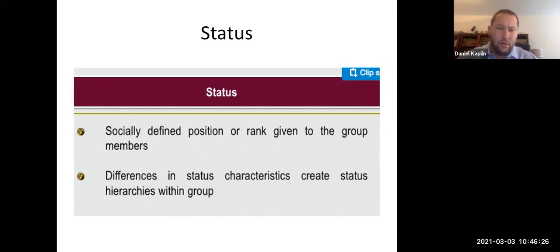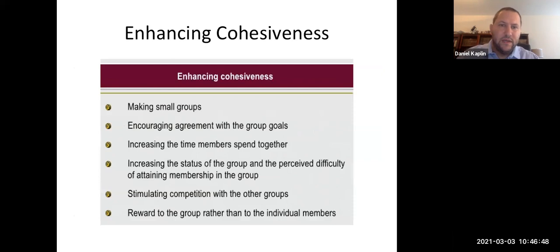Now, the more differences you have in status, the more you run the risk of having hierarchies within the group. And having classes or hierarchies within a group is going to result in greater conflict amongst group members. So, how do we improve group cohesion?